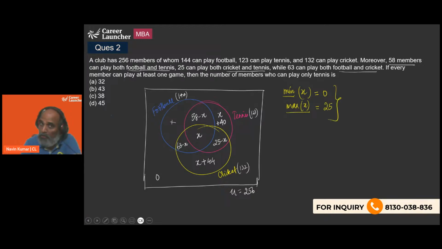Also, the sum of all the 8 regions, the 7 regions within the 3 circles and the 1 region outside the circles, which is 0, should be 256. So this is how we will solve.